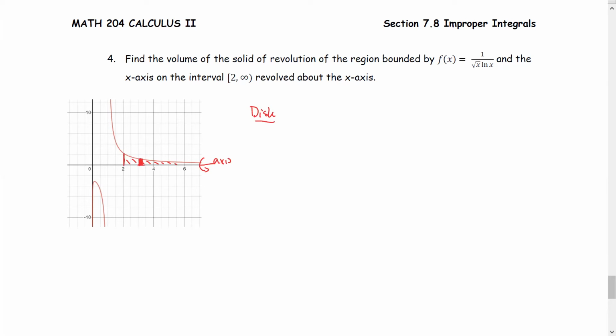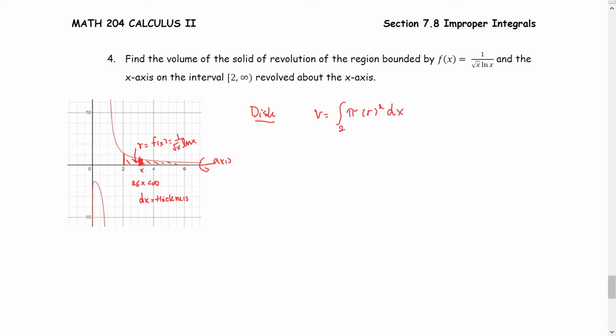Let's make a partition at the position x for x between 2 and infinity, and dx is the thickness of the disk. The volume is the integral of pi times the radius squared times the thickness dx. In this case, the radius r is the height of the function, f of x equals 1 over square root of x times natural log of x.